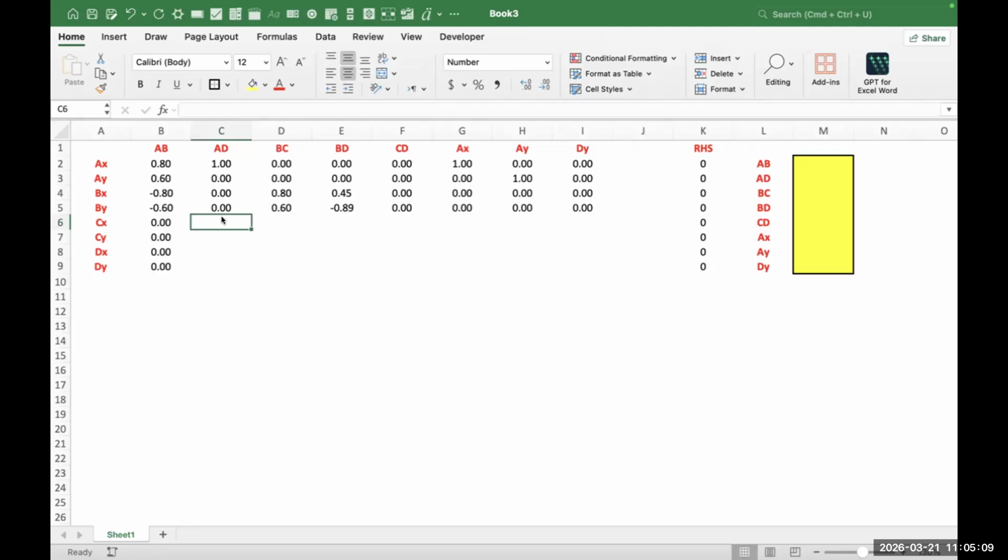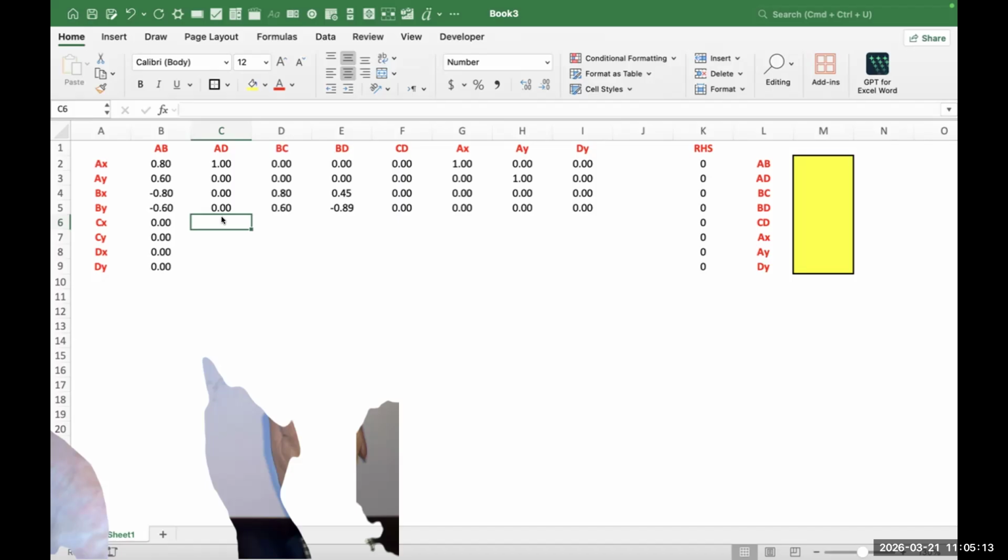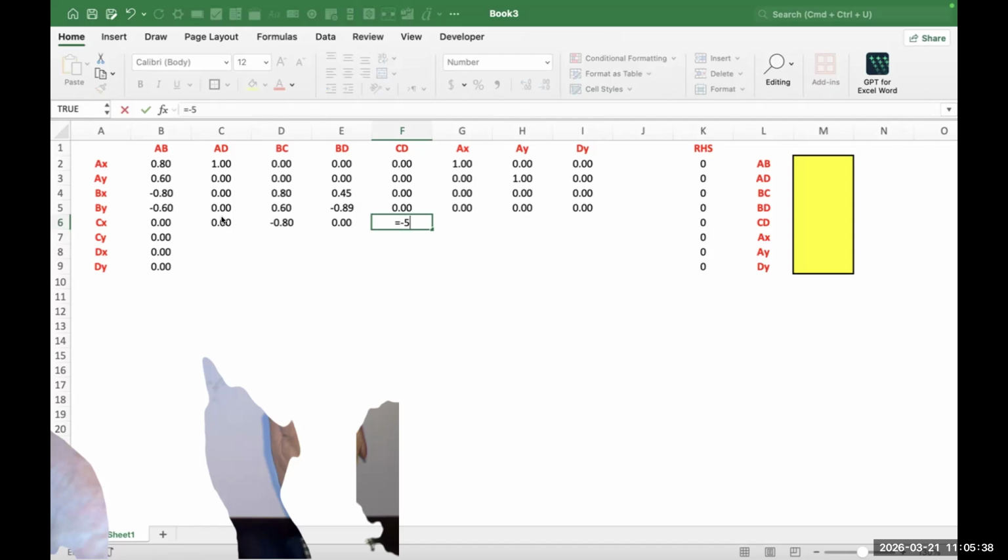So for CX, for BC, it's negative 4/5 or negative 0.8. And then for BD, of course, there is no B. We are in the C, so that's a 0. And then when I go to CD, we said it's negative 5/13, so equals negative 5/13.